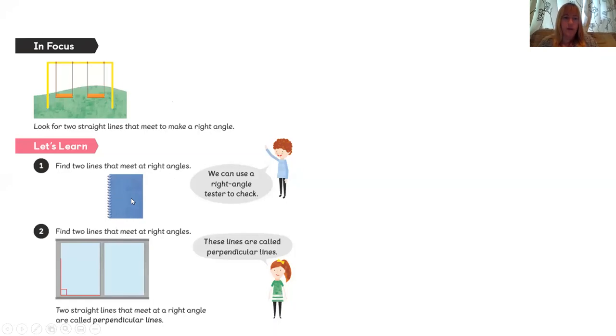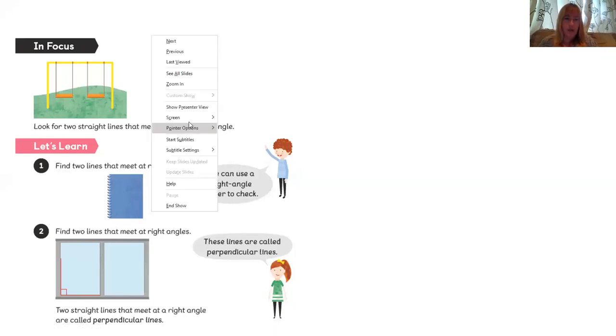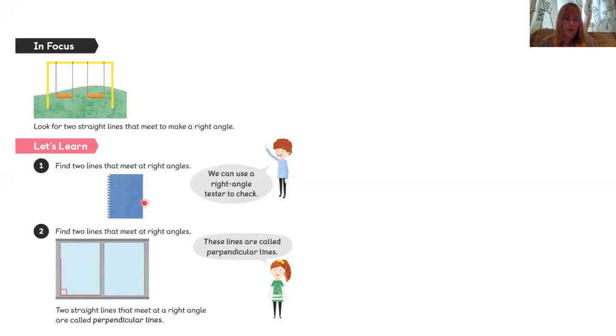If we look here, these are perpendicular lines because this is a right angle. These two lines meet here at a right angle. You can see how your right angle tester would help you.